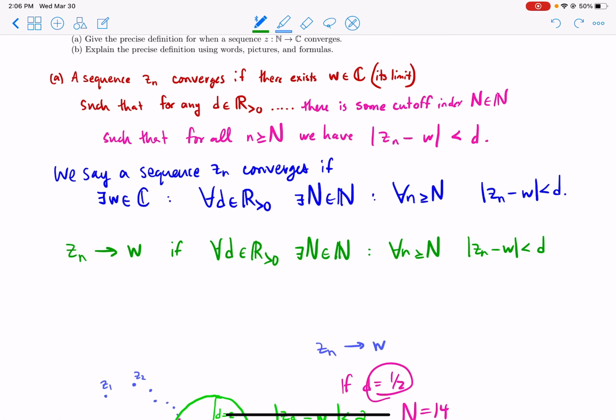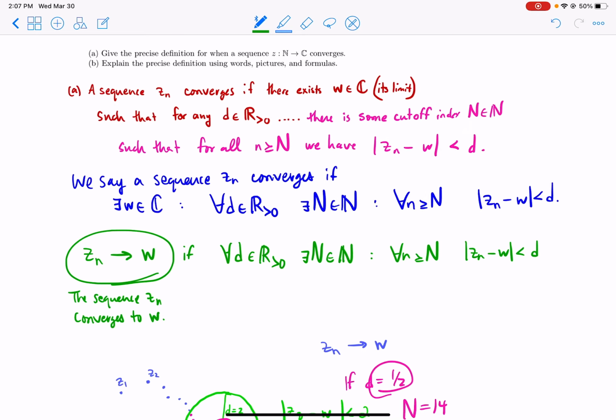Okay, so these are just symbols for the words: the sequence z sub n converges to w.